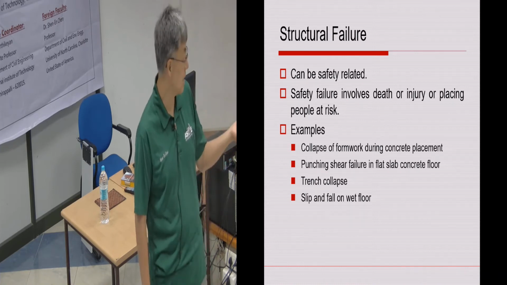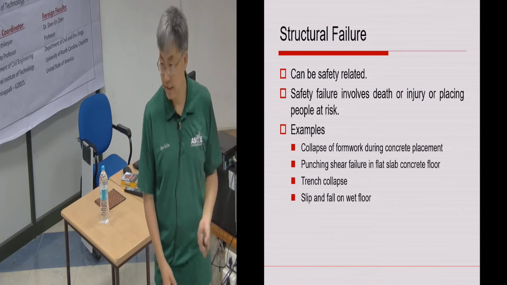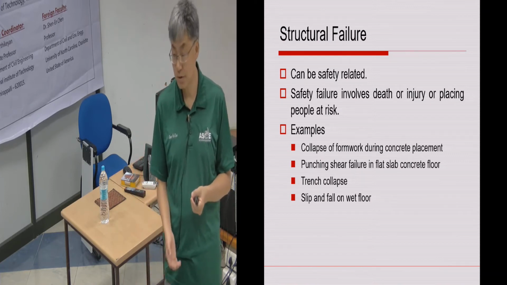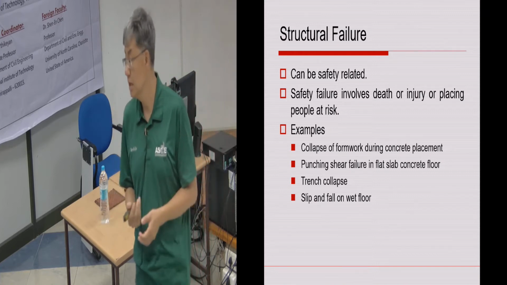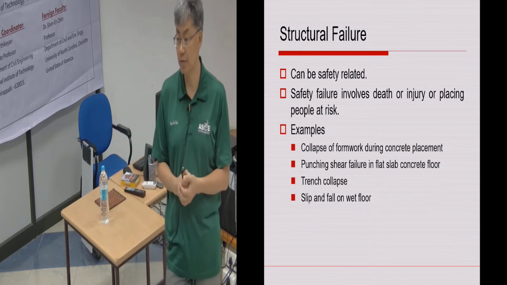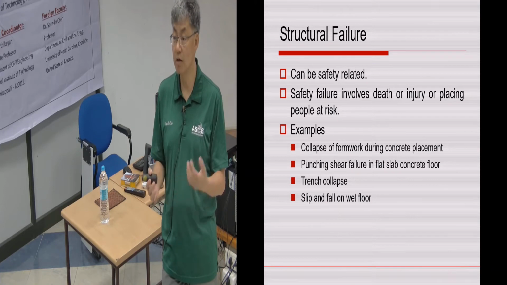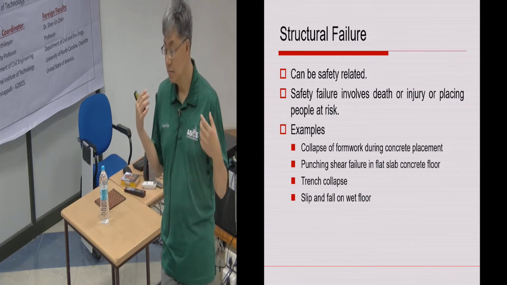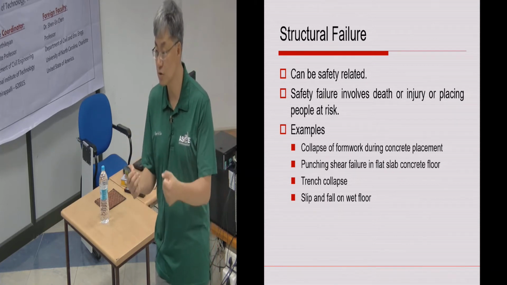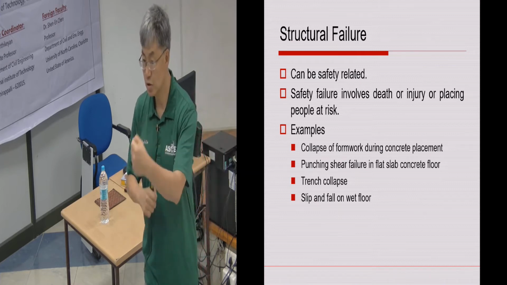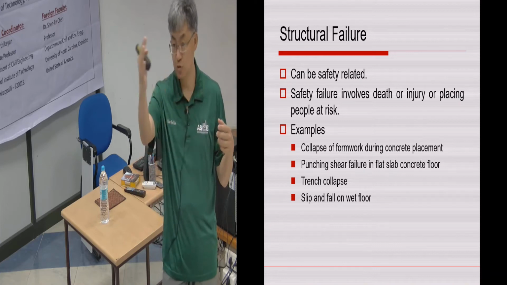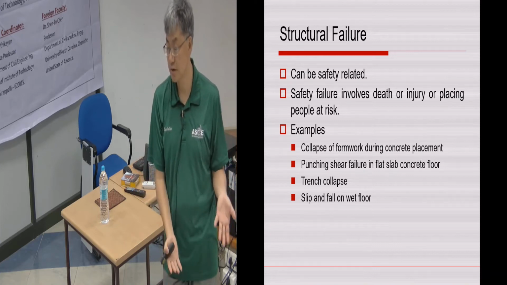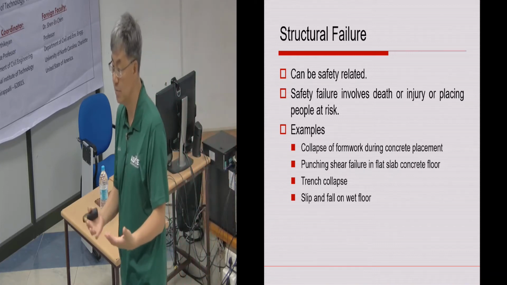The last one is more related to construction practice, or occupational safety. Some of us may be involved in safety that is more ergonomic, meaning related to the construction person's human behavior rather than the actual structural physical system. So accidents can happen in many forms.